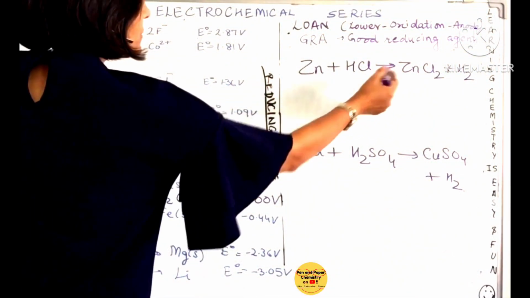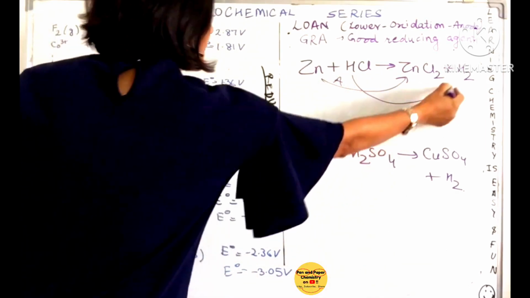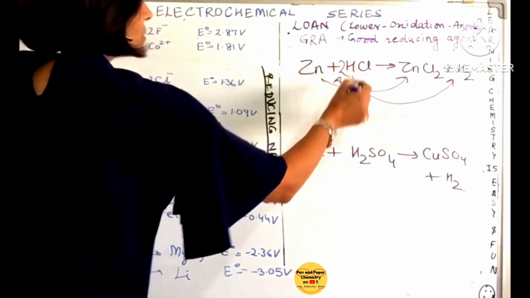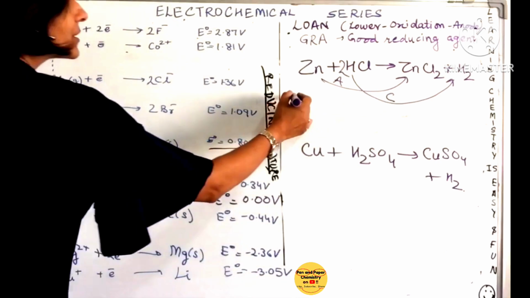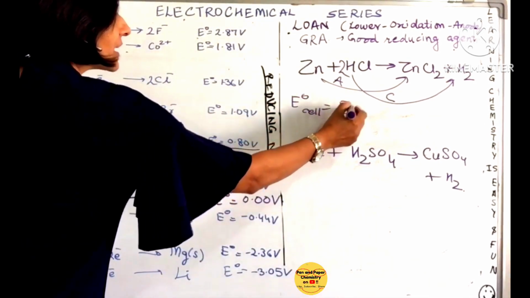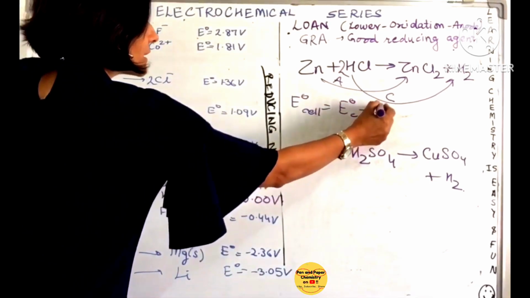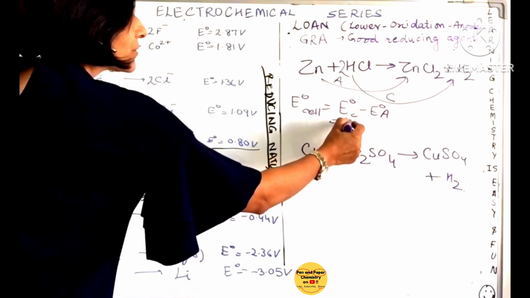Zinc changing to zinc ions, oxidation, anode. Hydrogen ions changing to hydrogen, so reduction, cathode. Can you determine the standard EMF of this cell? E naught of the cathode minus E naught of the anode. Cathode over here is hydrogen.